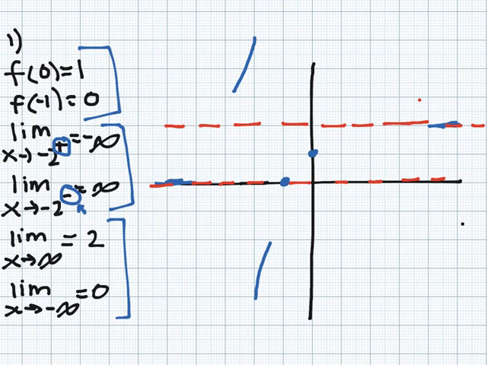So those are going to be our horizontal asymptotes. And our vertical asymptote, we just have one, and that's for x equals negative 2.